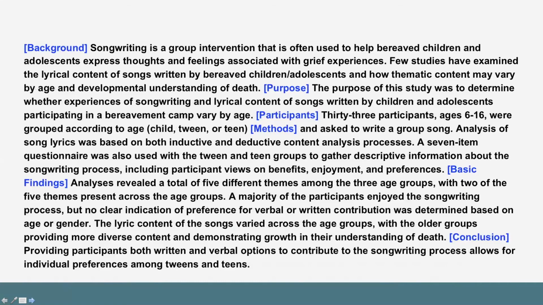Again, they give us that signal phrase, the purpose of the study was to determine... They then tell us who their participants were. They tell us what methods they used. They give us what their basic findings were and then they do give us that conclusion. So again, what can we learn from this particular study?